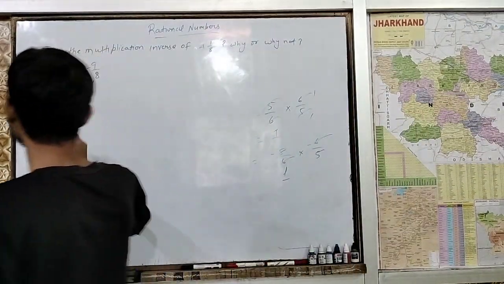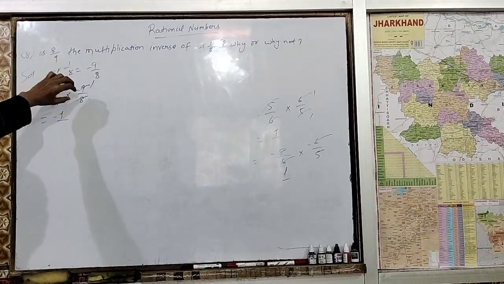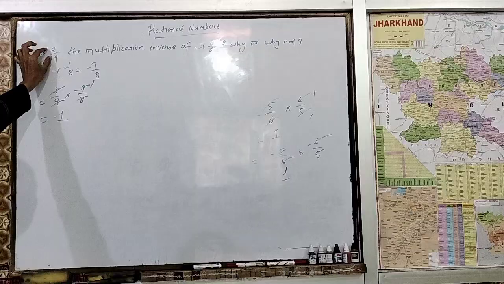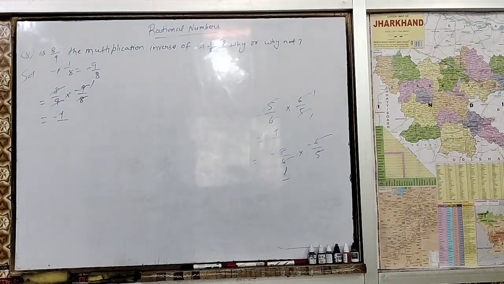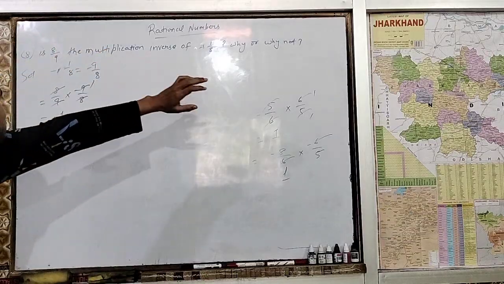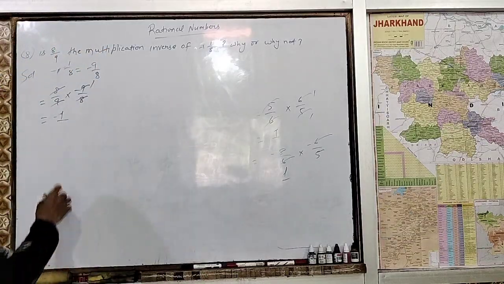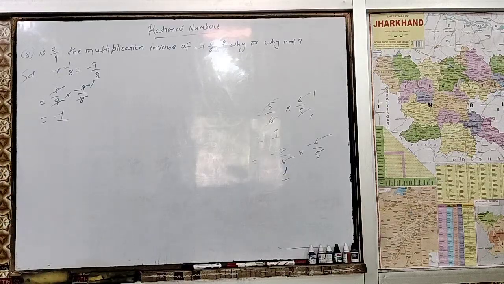So it is not giving us 1. So we can easily say that this is not a multiplication inverse of this. Clear? Next.